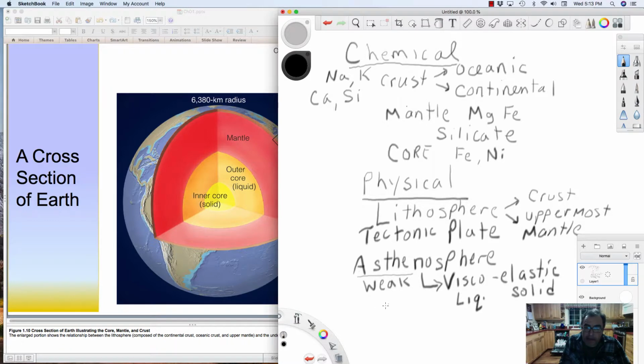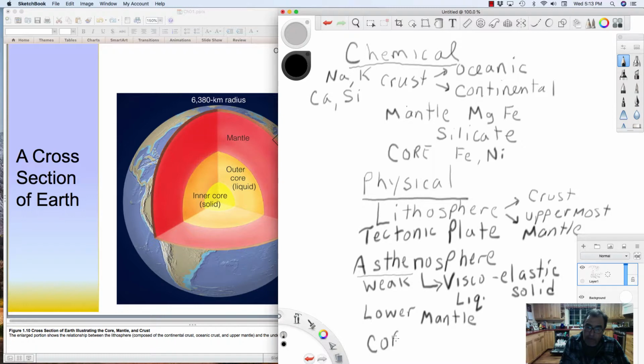And then when we get below the asthenosphere, we're going to look at the lower mantle, right? The lower mantle is completely solid. It's again silicate rock, but with a higher percentage of magnesium and iron, and it's also going to be denser because it's under more pressure. There's more rock above it. And finally, we're going to look at our core.